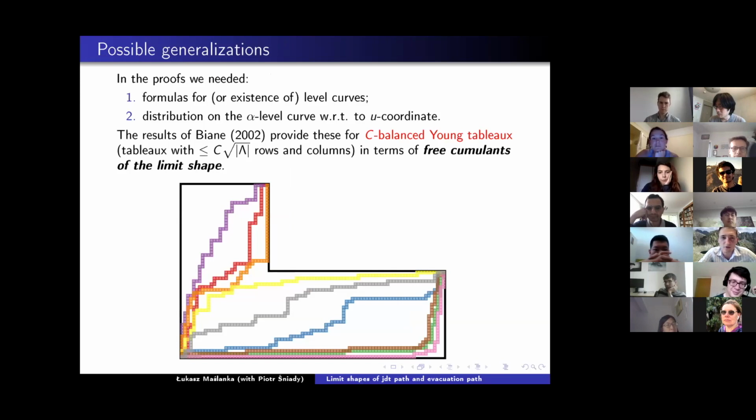These are tableaux which have at most some constant times the square root of the size of the diagram, rows and columns. And these results are given in terms of free cumulants of the limit shape. So we can generalize the result I told you about a minute ago to such a big class.